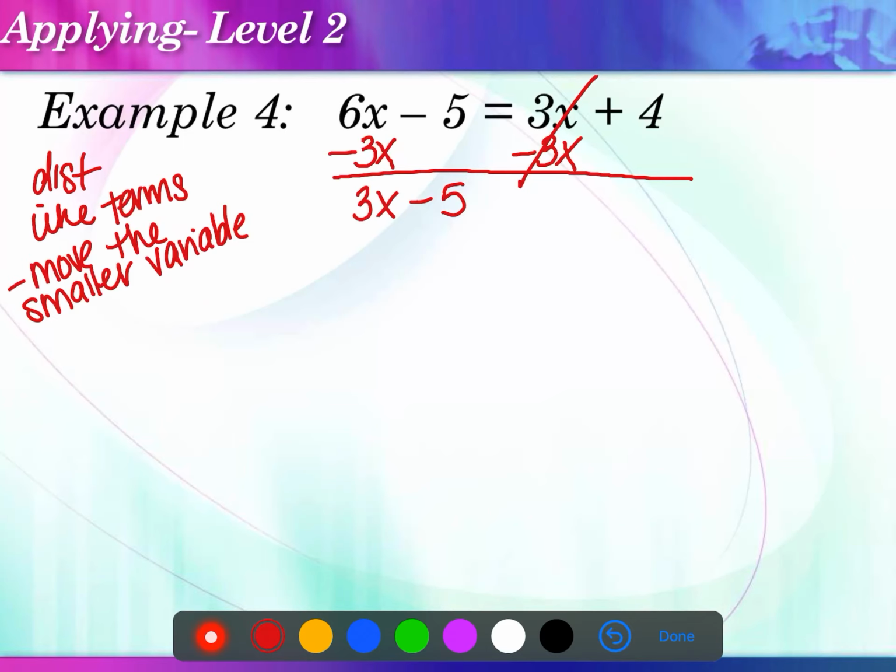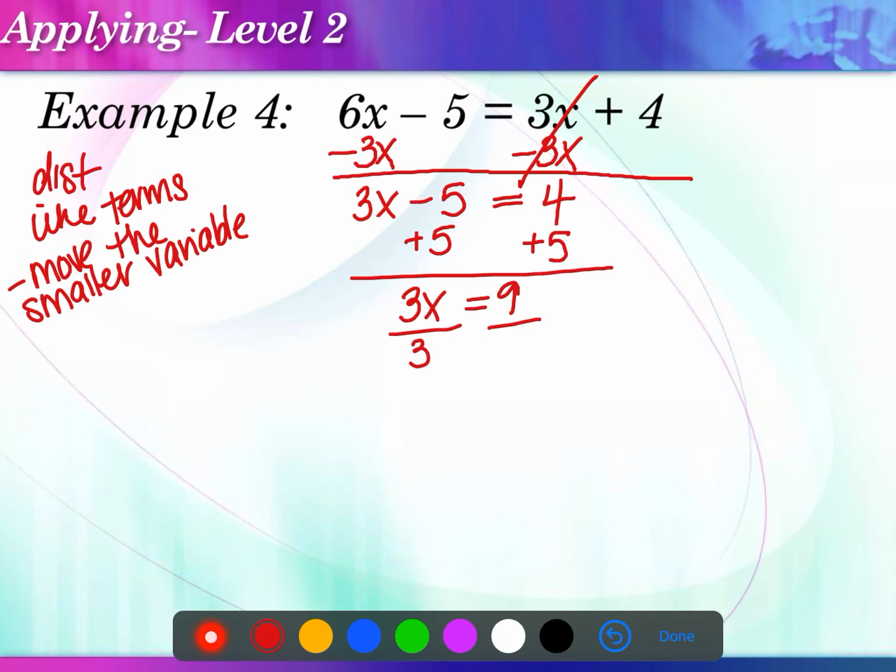Okay, this is going to cancel from the right side. So now all of my variables are on the left, and now I can continue to solve. Okay, and we get x equals 3. Great.